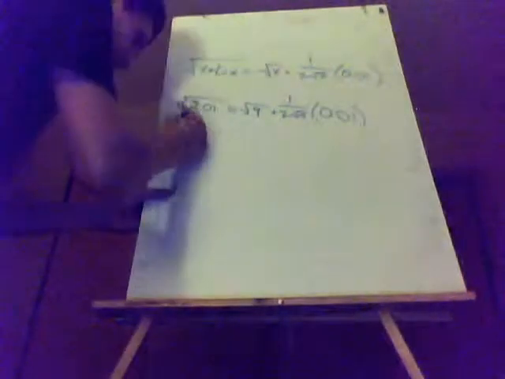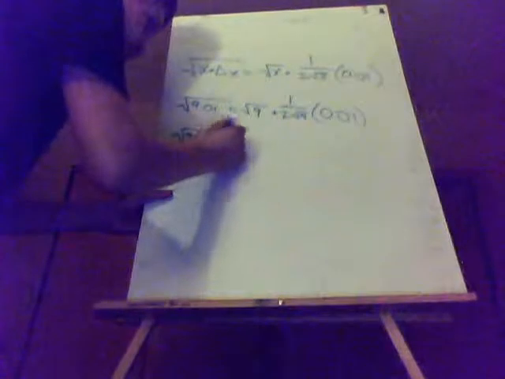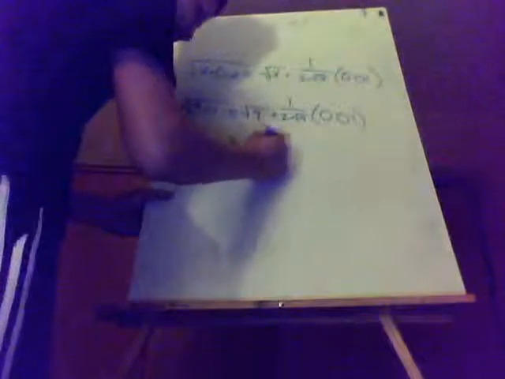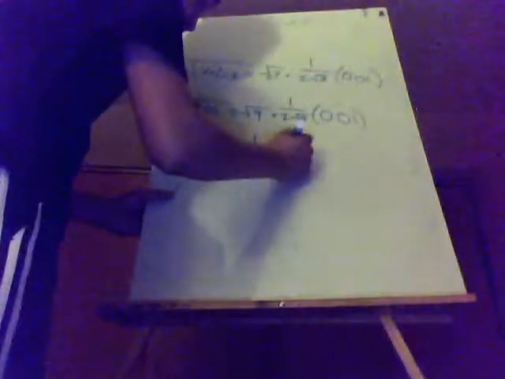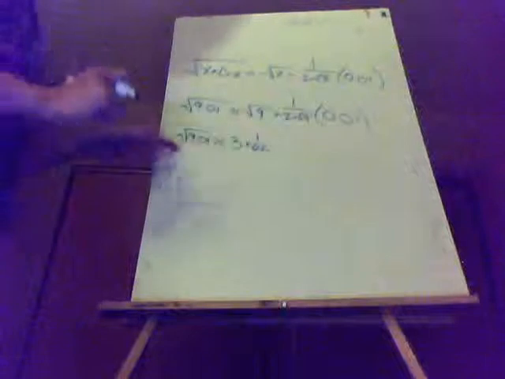Simplifying, we get the square root of 9.01 approximately equal to 3 plus 1 over 2 times 3, which is 1/6, times 0.01. Let's see, 0.01 would be 1/100th. So let's replace this with 1/100th. So it would be 3 plus 1/600th. So this is approximately our answer.